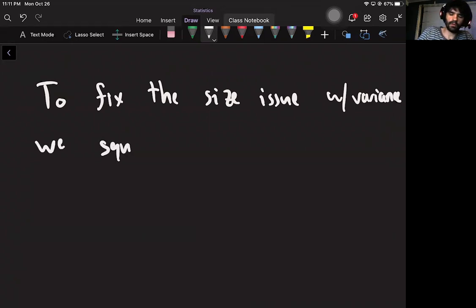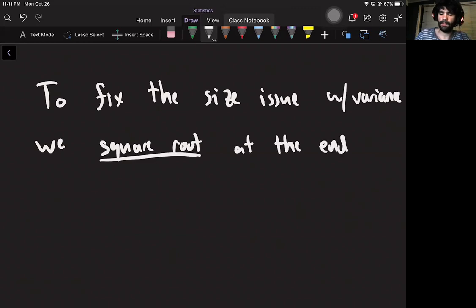We square root at the end. The square root of a number is exactly doing the opposite of squaring it. So it shrinks it by the same amount, which is great because that's the problem: variance made things too big.